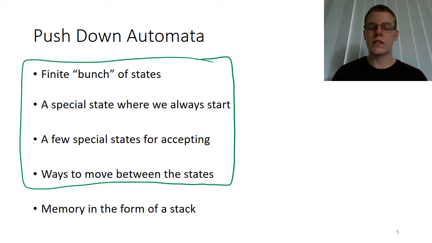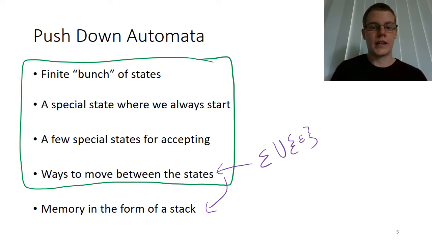The few special states for accepting are still exactly the same, however, they will have a slightly different criteria for when they can accept, and that will depend on the presence of symbols on the stack. And the ways to move in between the states will be almost the same, in that they will still consume either one or no symbols off the front of the string, but they will also involve fiddling with the stack.